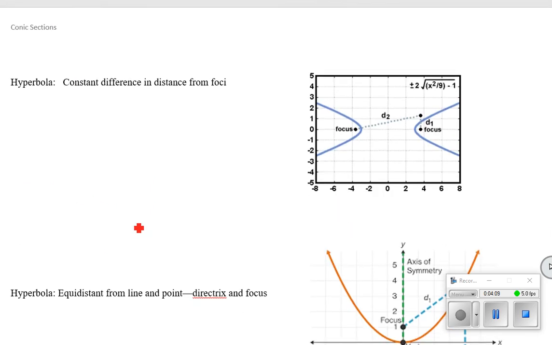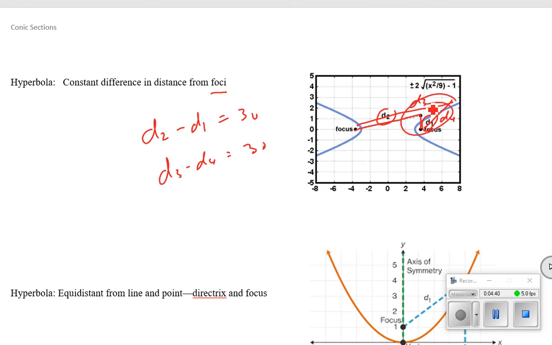Hyperbola. A hyperbola, the distances from the foci, or the focuses, from the foci, the difference is a constant. D2 minus D1 is a constant. Let's say it equals 30. Then guess what D3 minus D4 would also equal? 30.